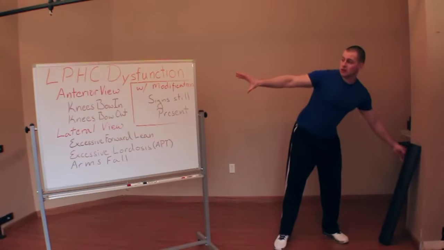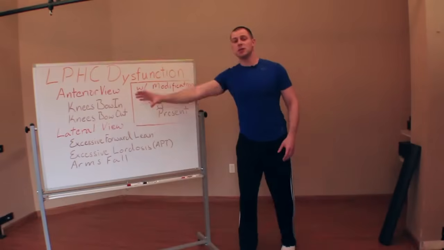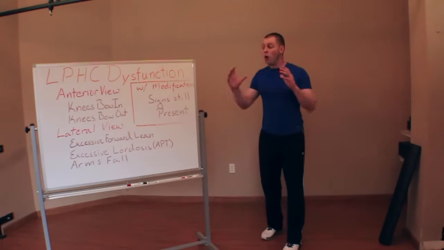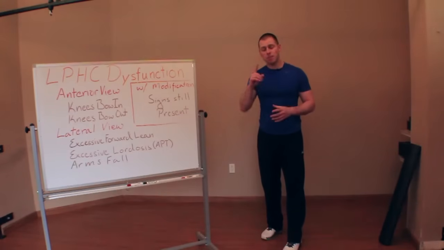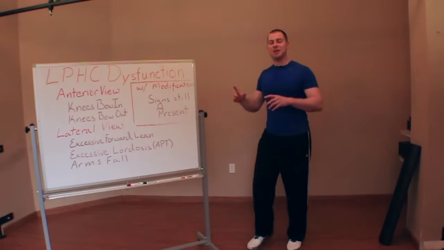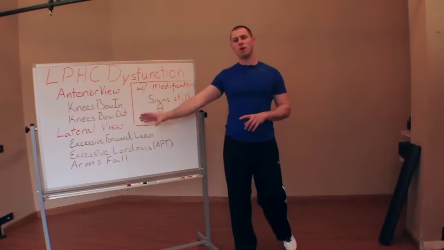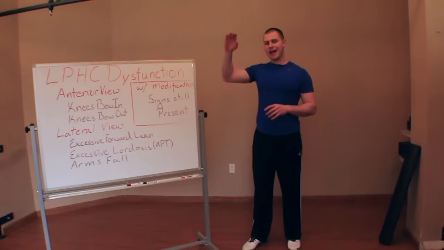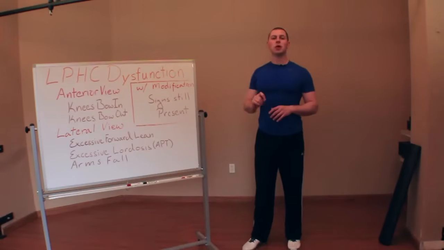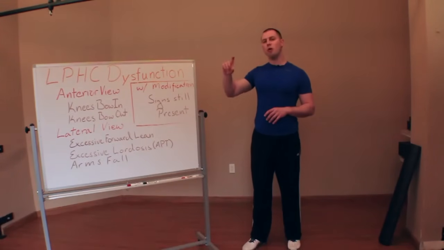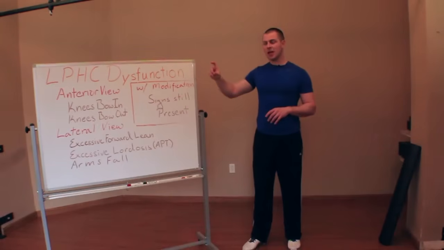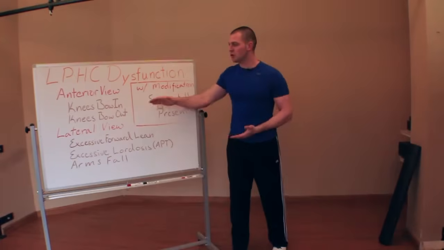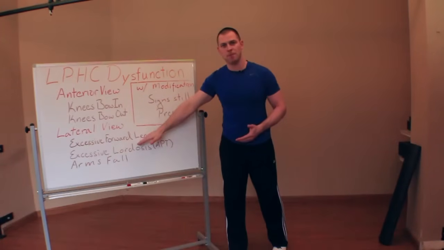Now, this is our cluster of signs, guys. Hopefully you understood the logic of how I got here. Now, I know some of you guys are going, holy cow, that's a lot to fix. But as I had mentioned before, in a previous video, a lot of this stuff overlaps. If you guys go to brentbrookbush.com, you go to categories, you look under assessment, you look under solutions table, overhead squat assessment, and you start putting these signs on top of each other, you would notice that a bunch of the muscles overlap.